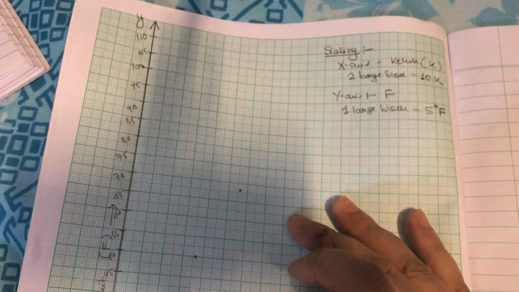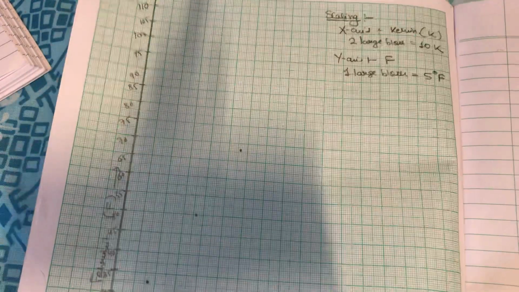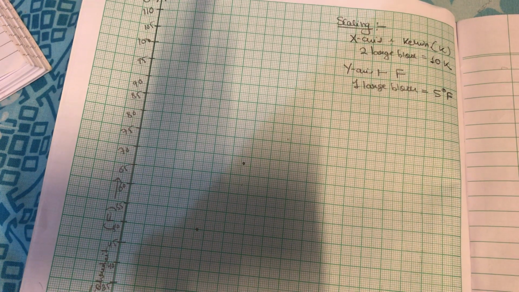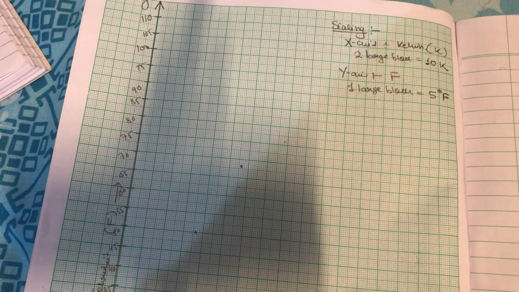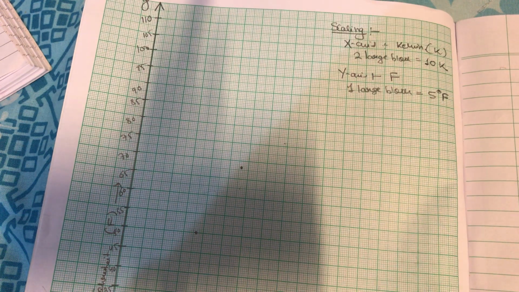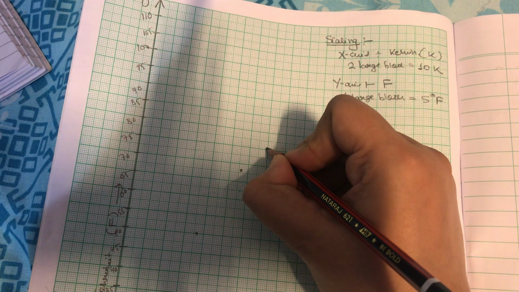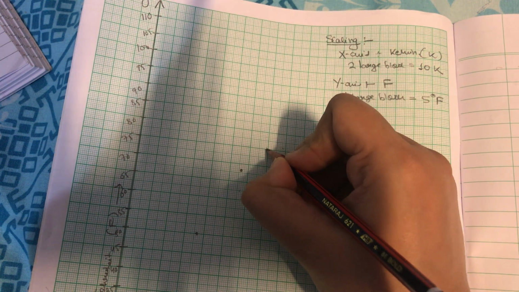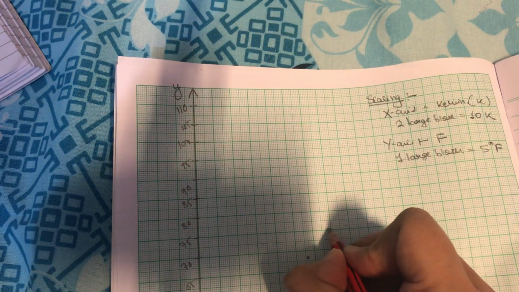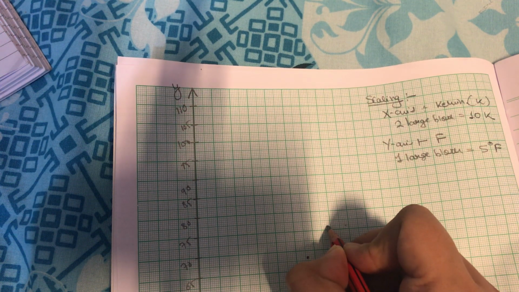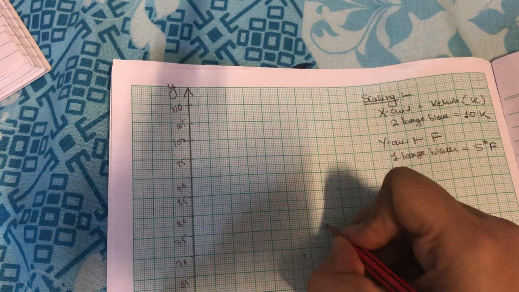So once you have plotted, that should be a 298. So 298 is here, not there. Yeah, this is my point.